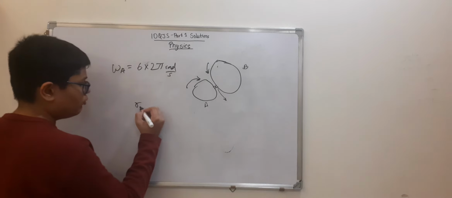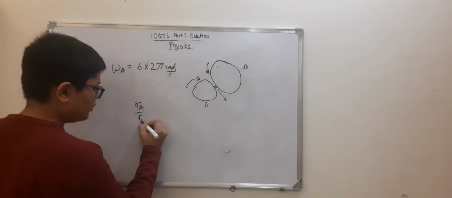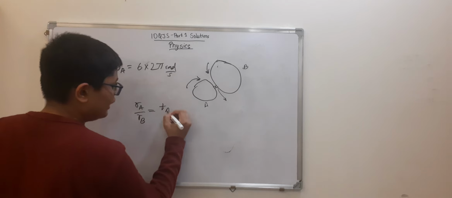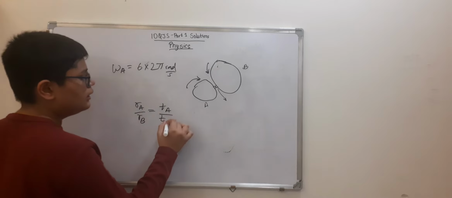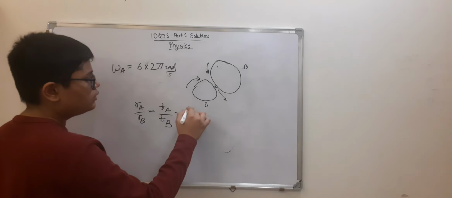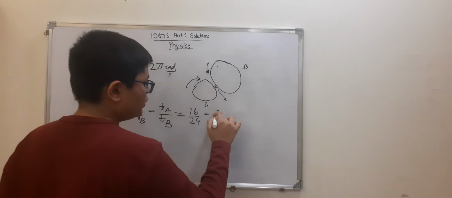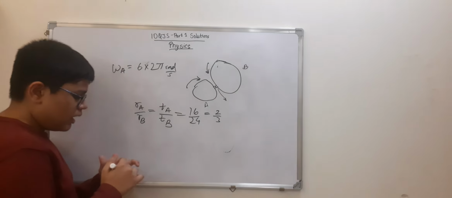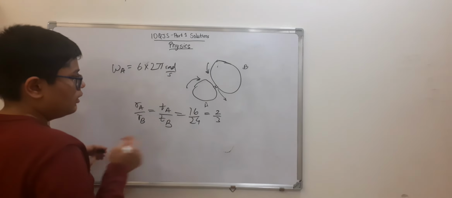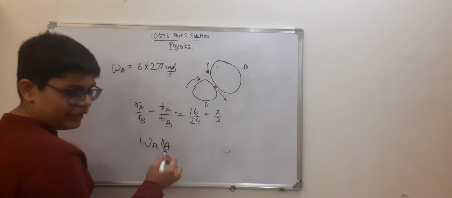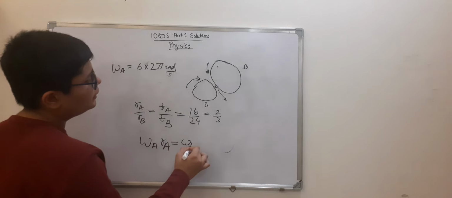The radius of A upon radius of B is equal to the number of teeth in A upon the number of teeth in B, which is 16 upon 24, which is 2 upon 3.